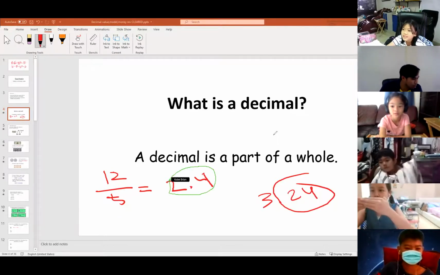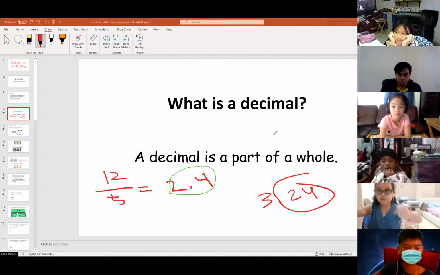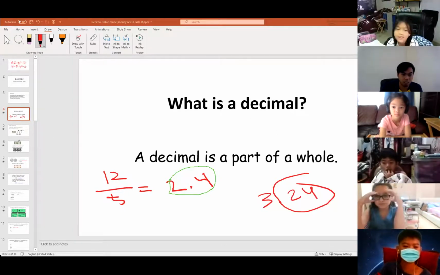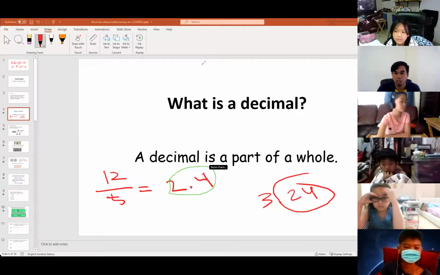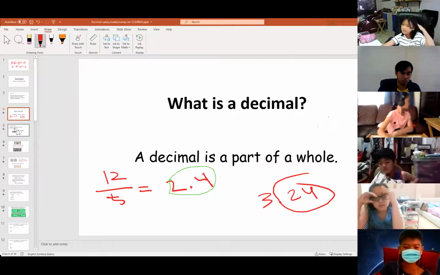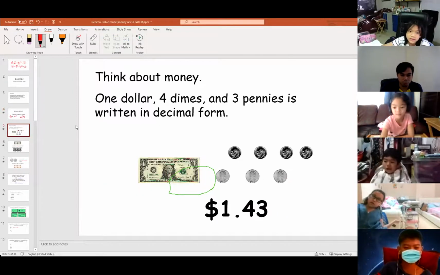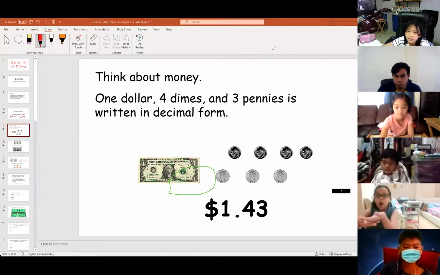I heard someone said dollars. In dollars, right? In money. Yeah, dollars especially, because in baht we don't really use much. We don't really use decimals, right? I mean, unless we use satang or cents, which is not really common. But in dollars, for example, we use a lot of decimal numbers.